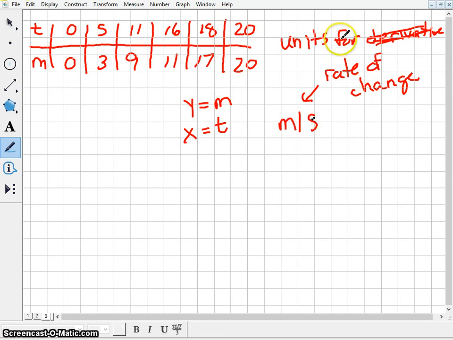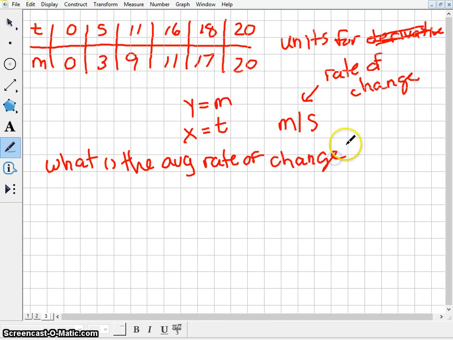Now, how we can use this idea of average rate of change is we can say something like, what is the average rate of change on the interval 0 to 20.